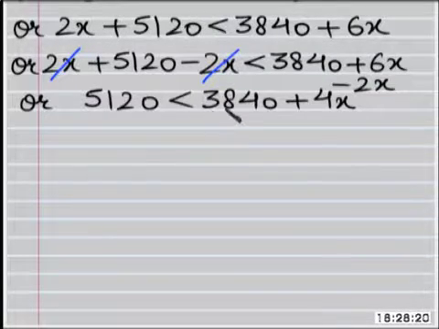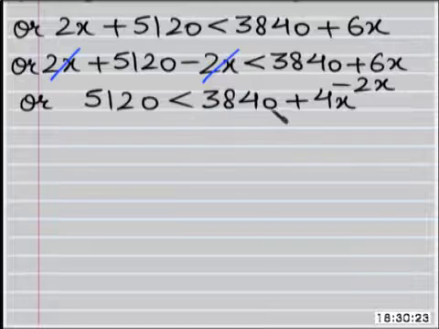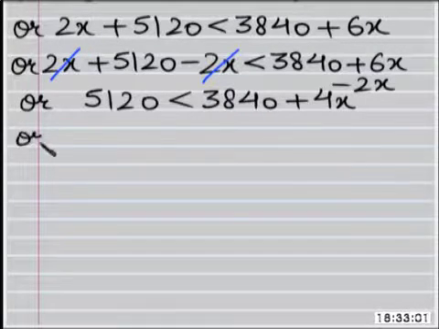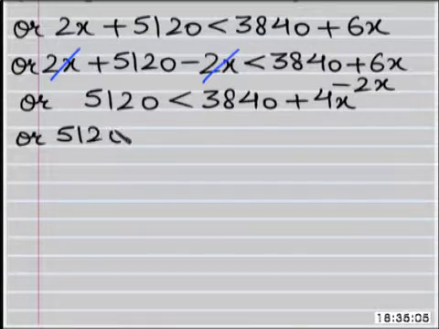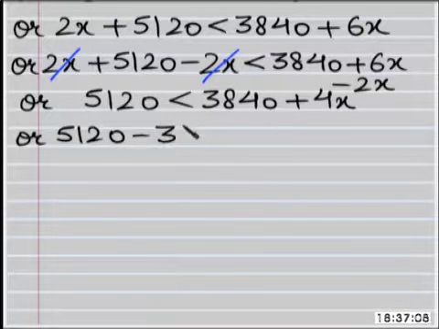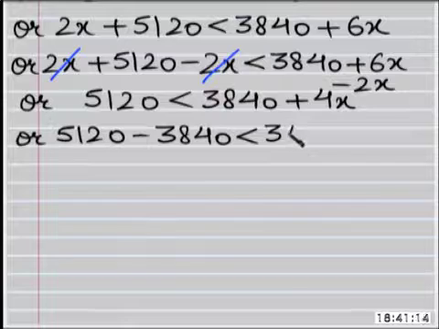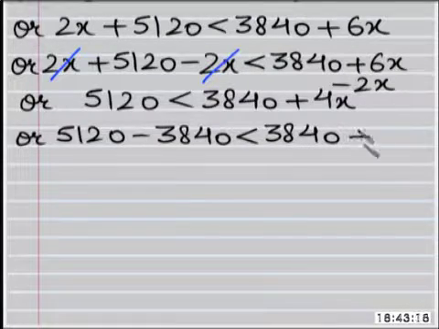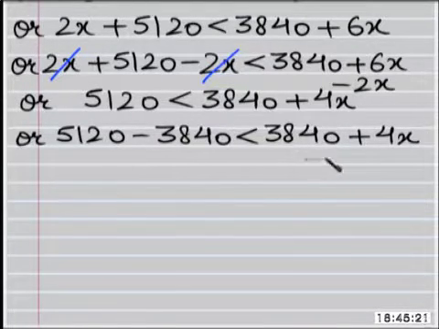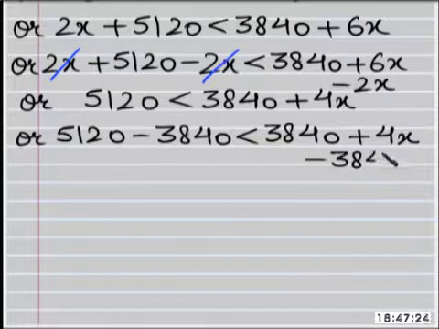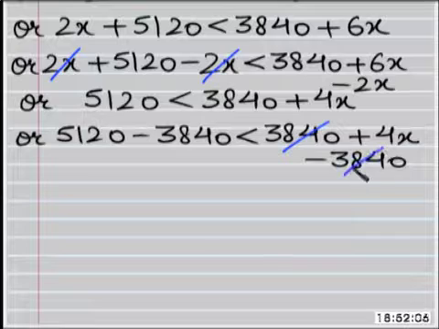Subtracting 3840 from both sides, we get 5120 minus 3840 is less than 3840 plus 4 into x minus 3840.